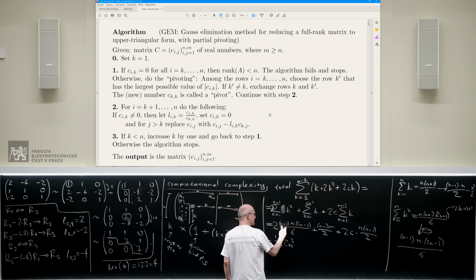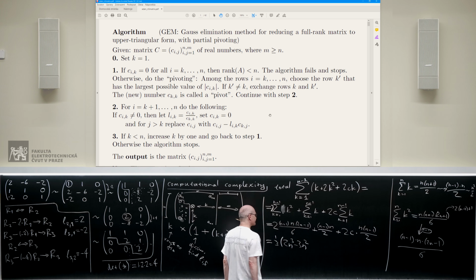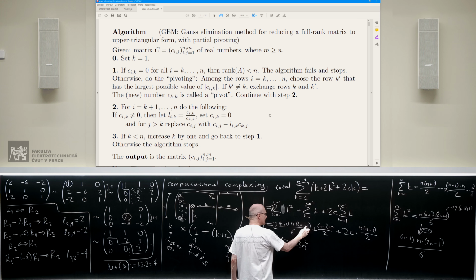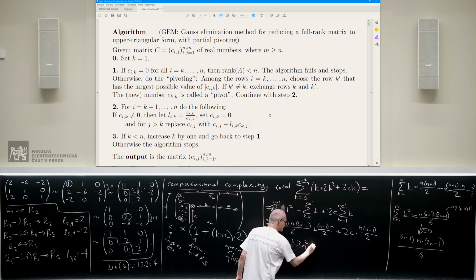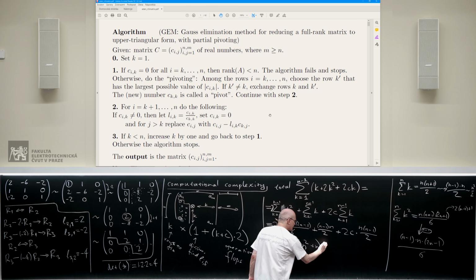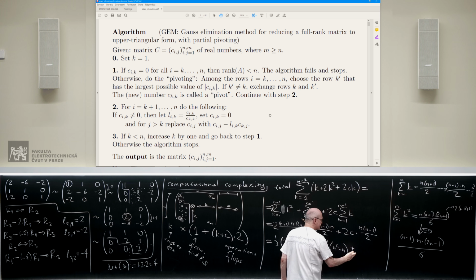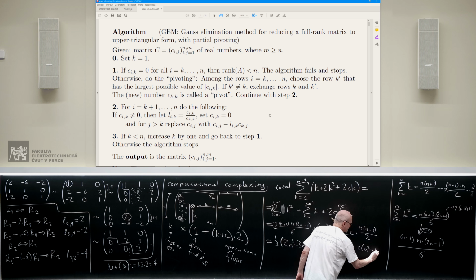Minus 2n, minus n is minus 3n, and I put this one into it, so it's squared. Minus 1 times minus 1 is plus 1, plus n. Okay, so far so good. Plus 1/2 n squared minus n plus c times n squared minus n.